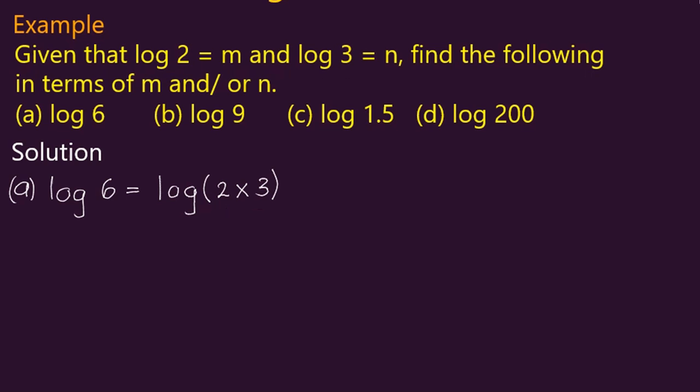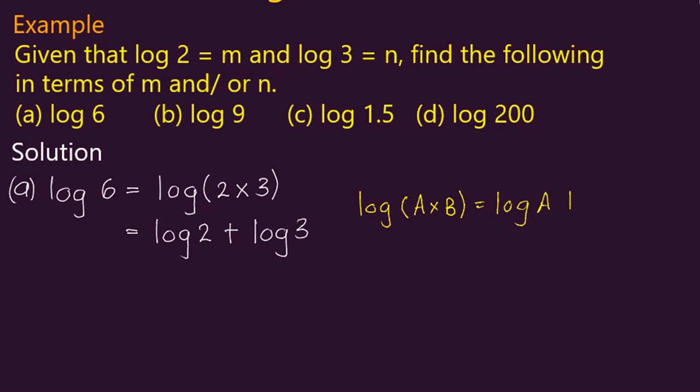And using the law of logarithm, this is equal to log 2 plus log 3. Remember our law of logarithm, where the logarithm of a times b is equal to the logarithm of a plus the logarithm of b. So that is the law of logarithm that I have used.